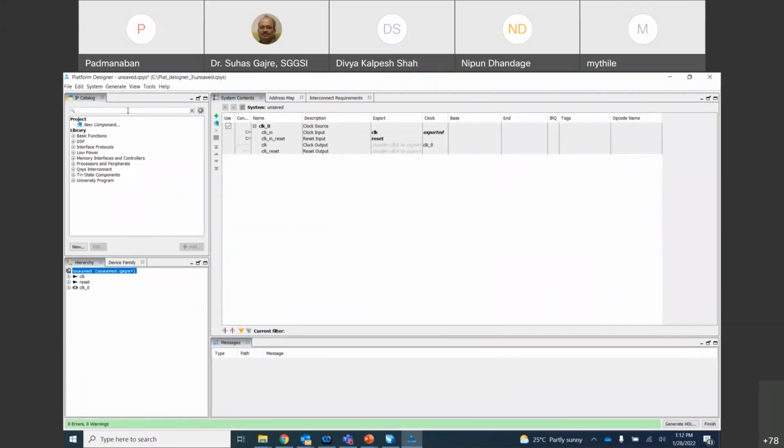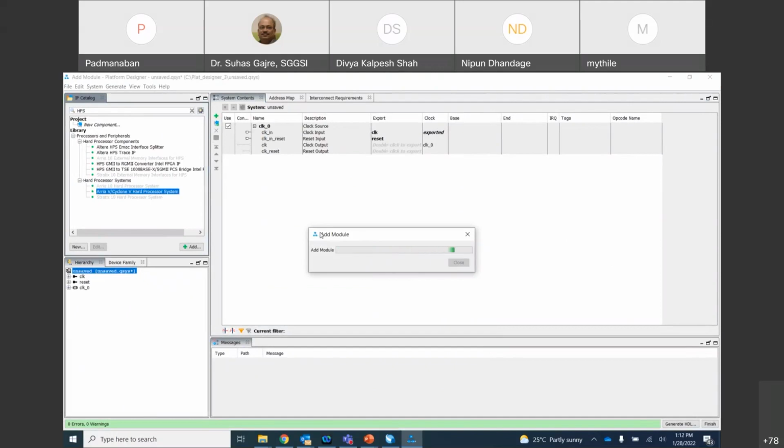Okay, here what you can do is type HPS. You can see here Arria 5 or Cyclone 5 hard processor system. It is a dual core ARM Cortex A9, which is a hard processor system here. So you can click that. This would get generated.